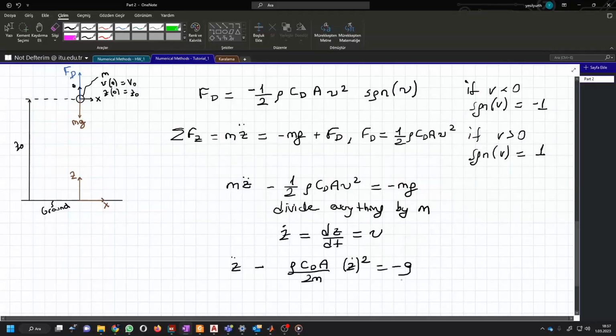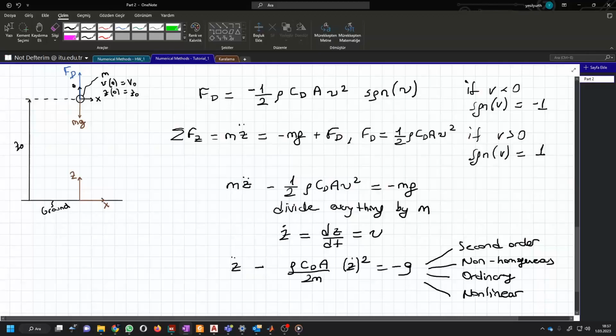So if we classify this differential equation, this is a second order differential equation. It is non-homogeneous. It is ordinary again, and it is non-linear.